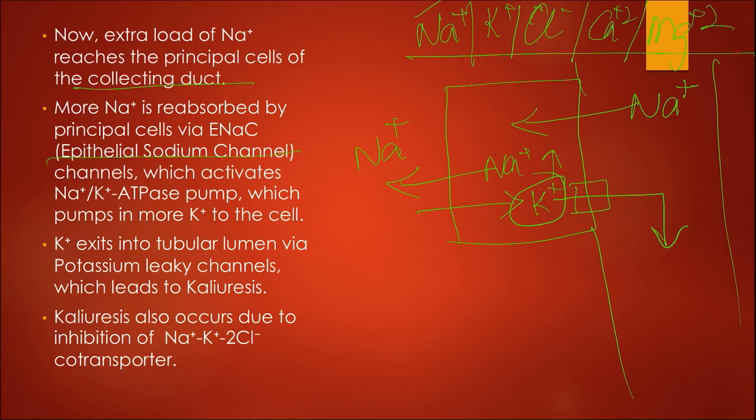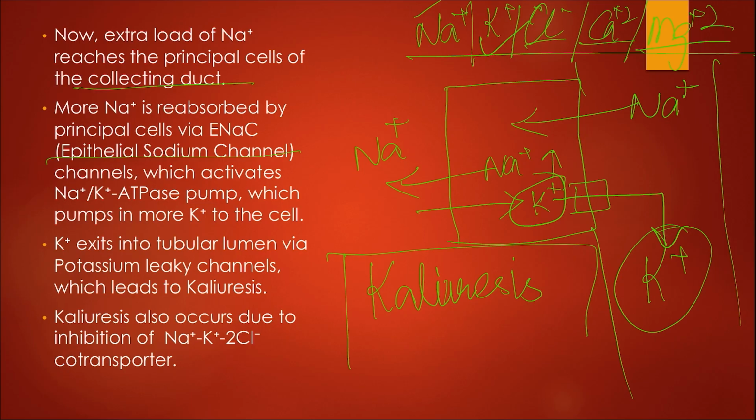Already in our lumen there was sodium, there was potassium, and because of the sodium potassium 2 chloride cotransporter inhibition, there was chloride, magnesium, and calcium. Now again more potassium will leak out with urine. That is why this loop diuretic is known as a potassium waster. They lead to kaliuresis as well.